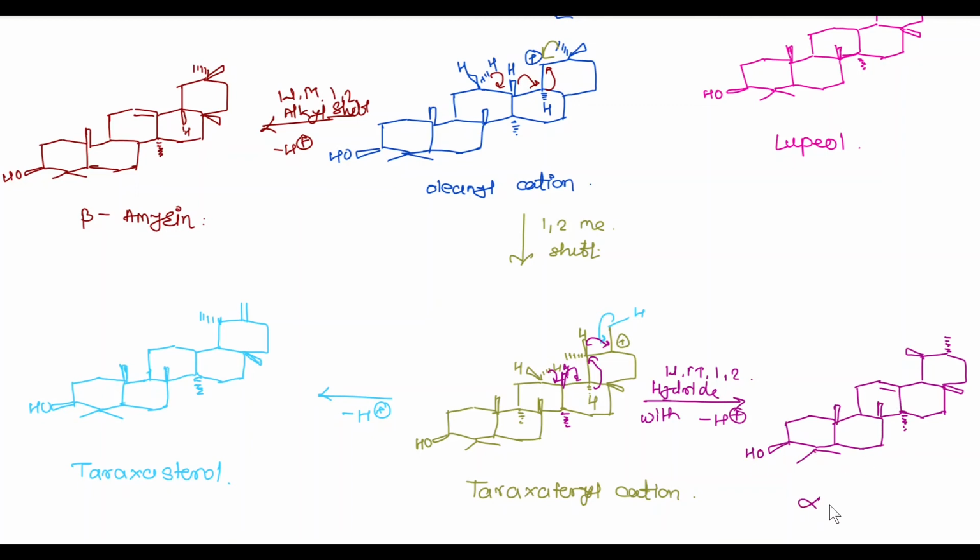And this is alpha-amyrin. So this is all about the biogenesis of euphol, dammarenediol, lupeol, taraxasterol, alpha-amyrin and beta-amyrin.